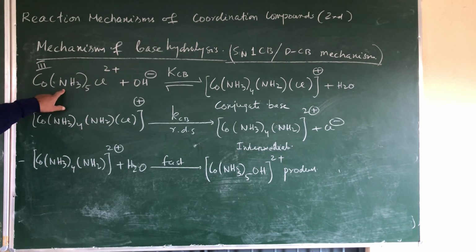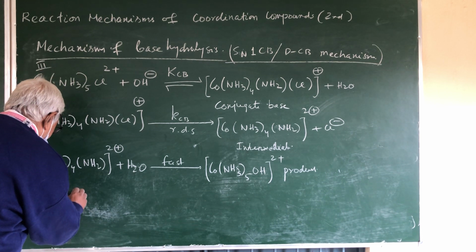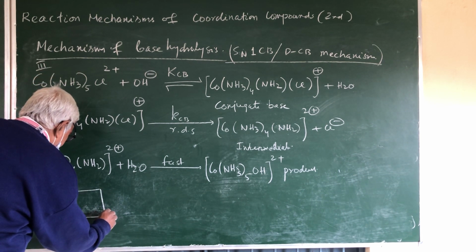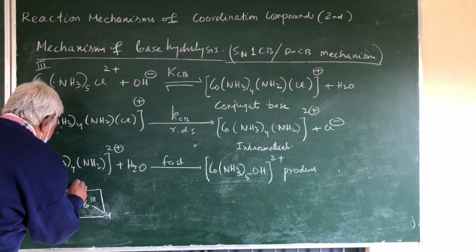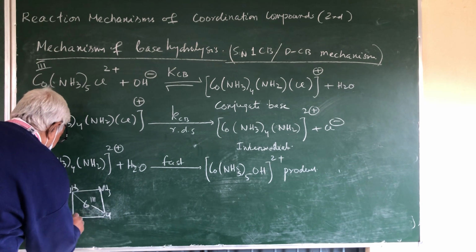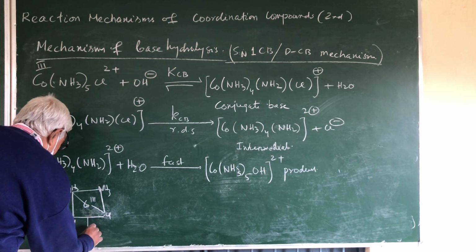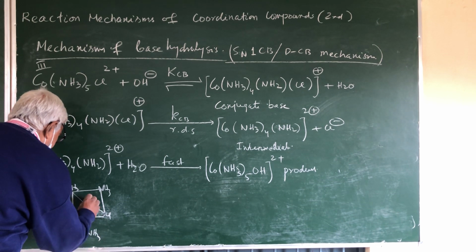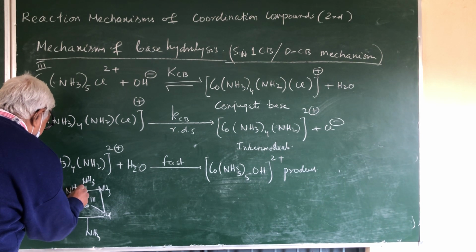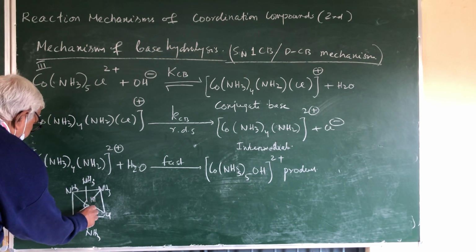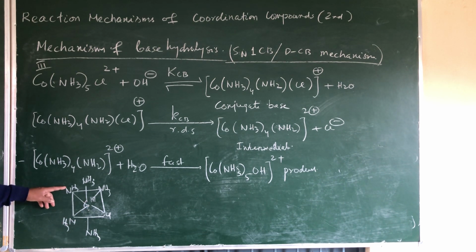Now a proton expulsion takes place from the position trans to chloride. If you add chloride here, if chloride is here, from the trans position the hydrogen ion expulsion will take place, leading to formation of conjugate base.